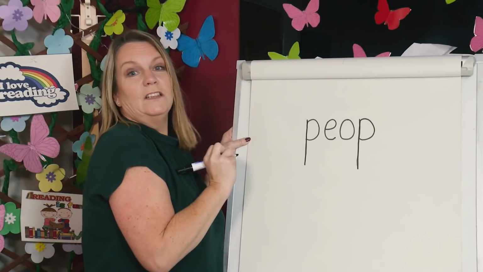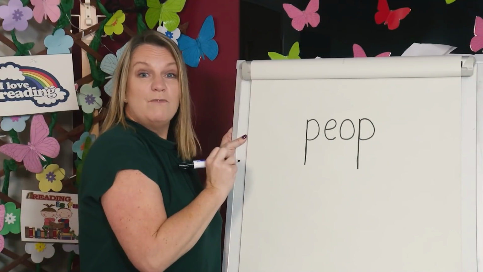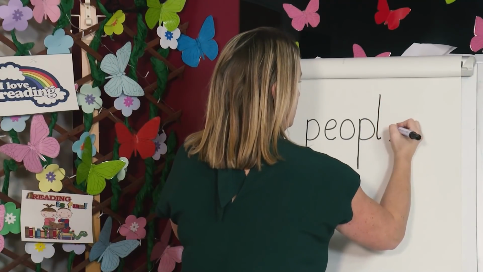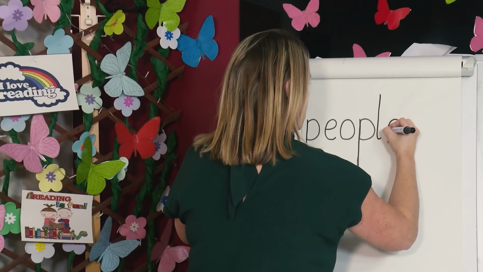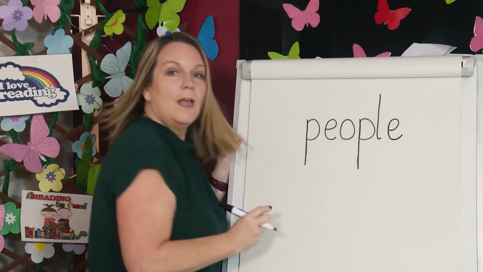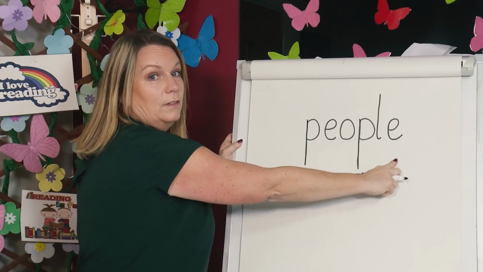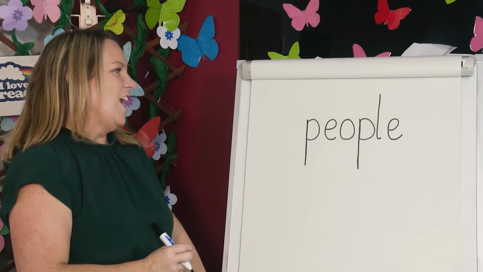And then U, and we know that the sound U can be written like this. People. P, E, P, U. Now, let's hide the word.